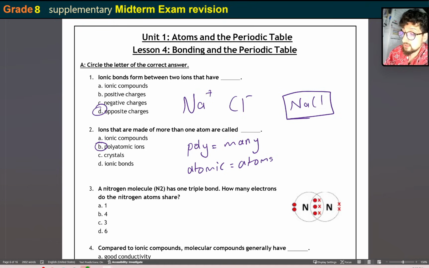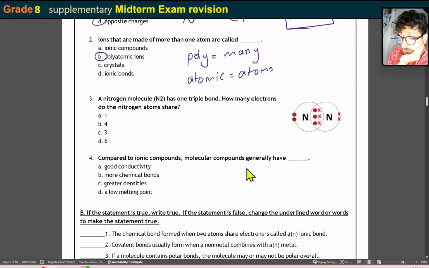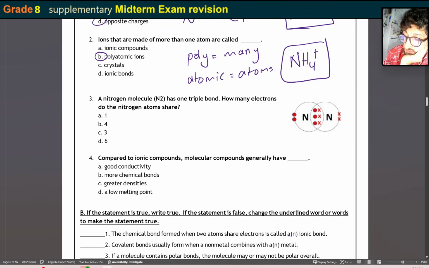It just means an ion that is made from more than one atom. So let's have a look. An example of which, for example, NH4 plus, would be a polyatomic ion.